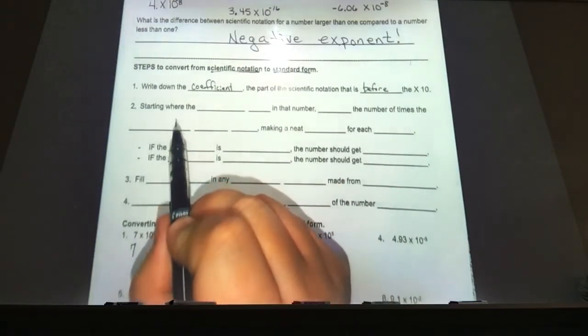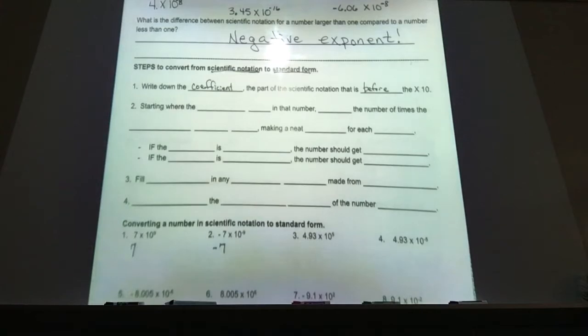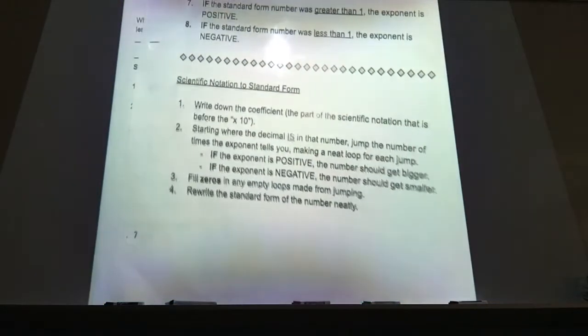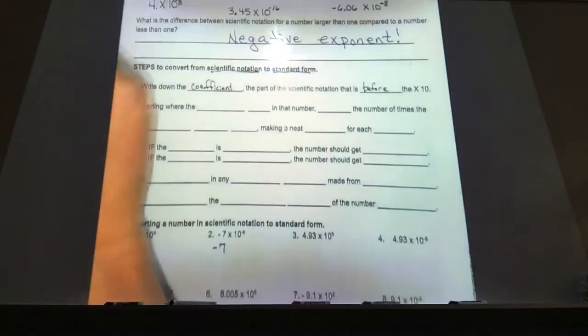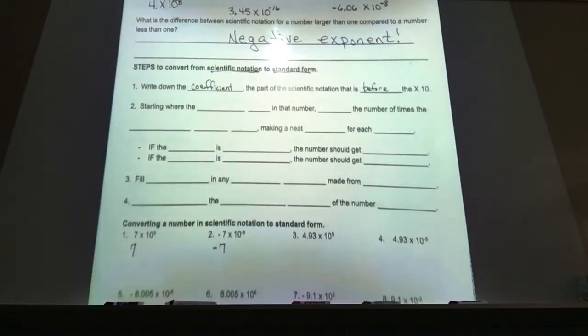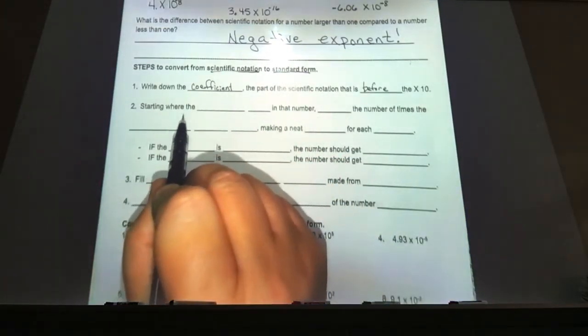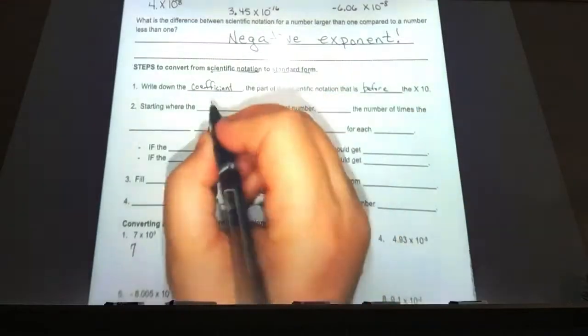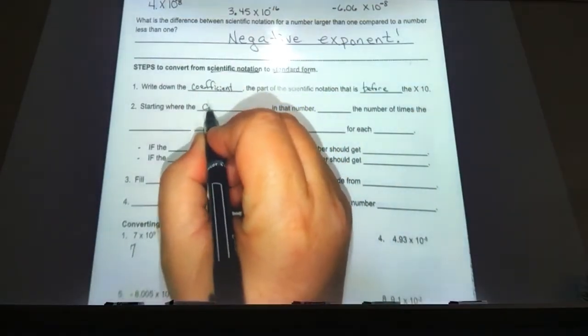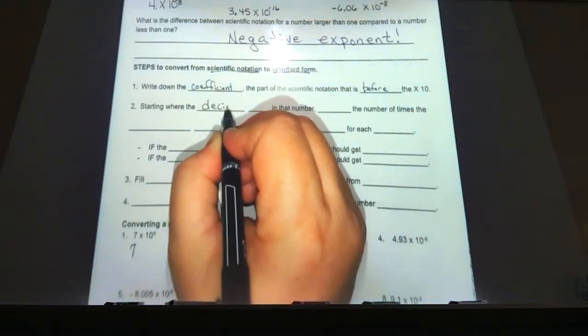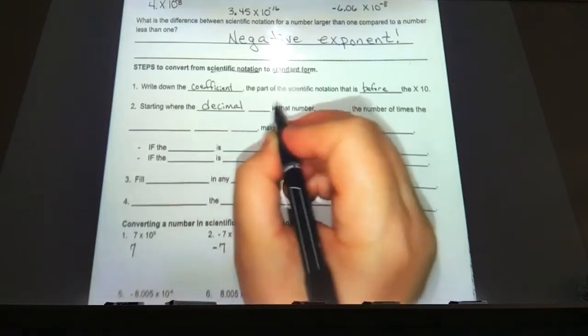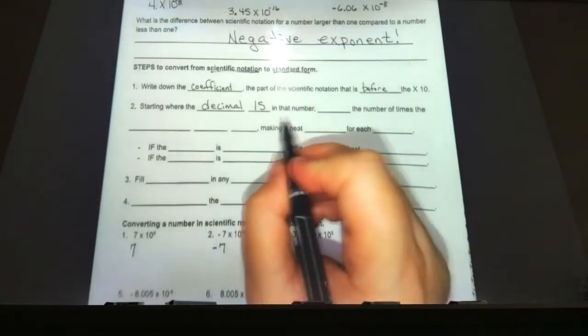On number 2, by the way, if you need to stop the video because I'm going too fast and you can't get things written down, pause it and then write down what you need to write down. All of the information is on this paper at the bottom here. And then start back up so you don't miss things. Okay, so you're going to be starting where the decimal is right now in that number.